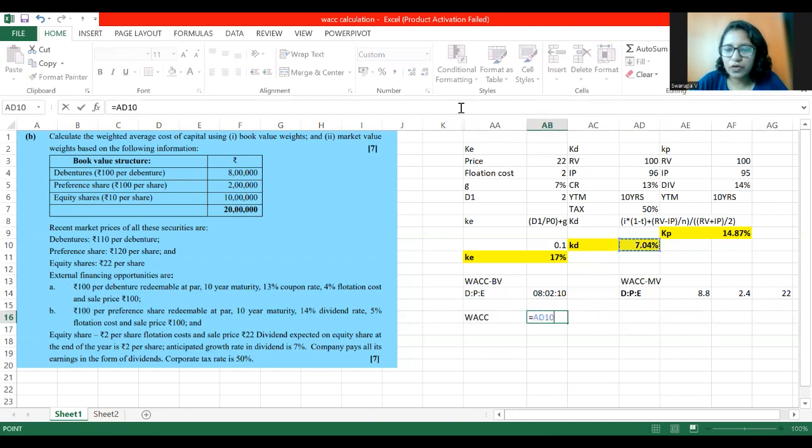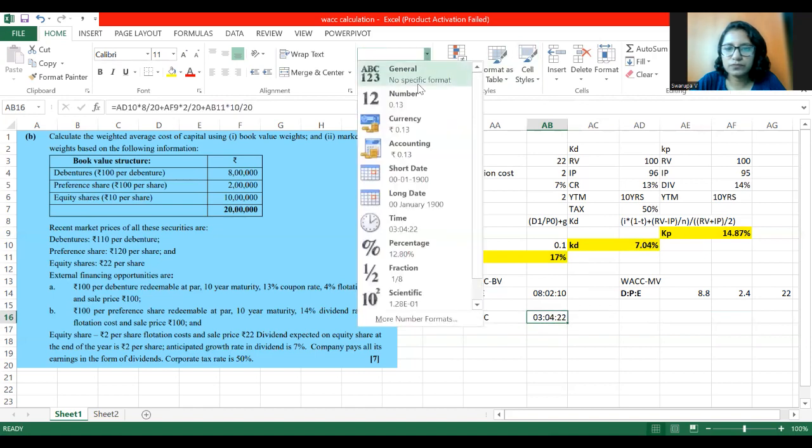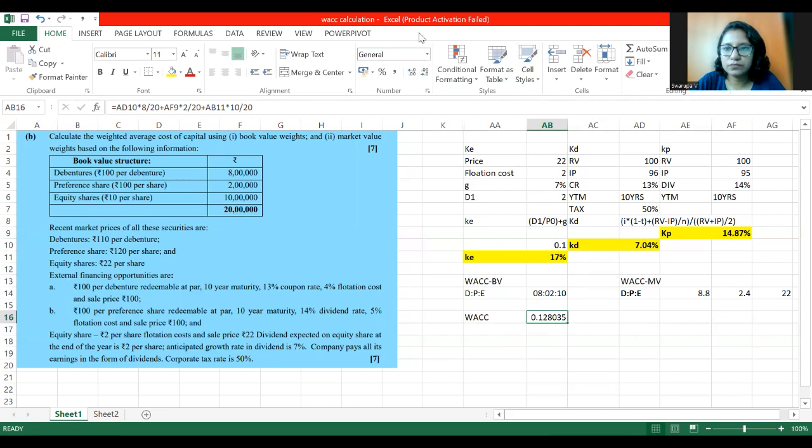So the WACC calculation will be cost of debt into 8 by 20 plus cost of preference shares into 2 by 20 plus cost of equity into 10 by 20. So it is 12.8.